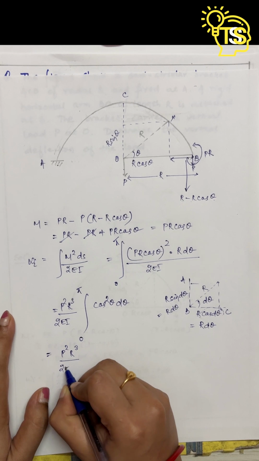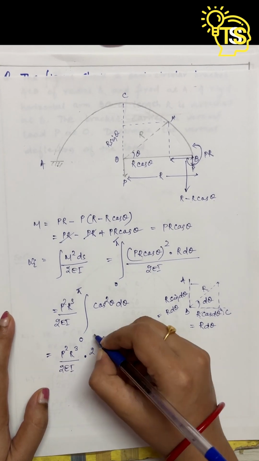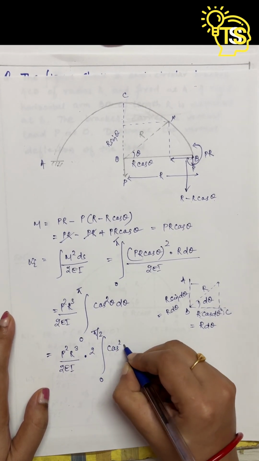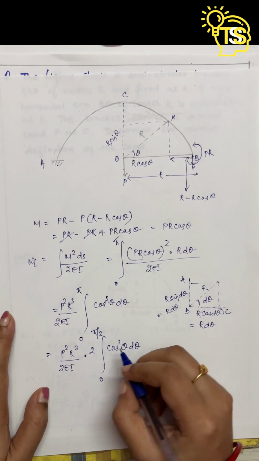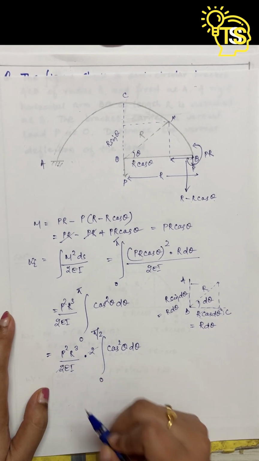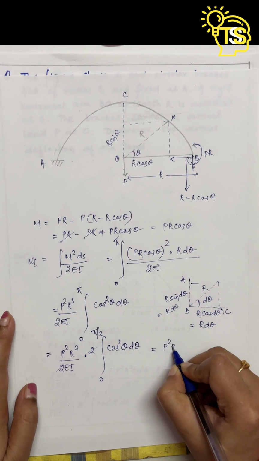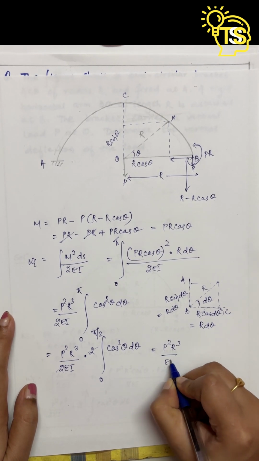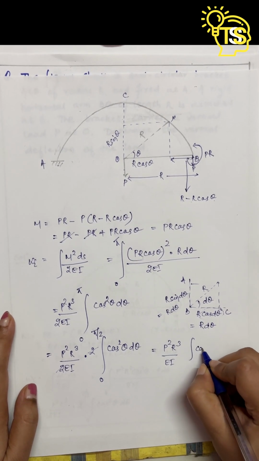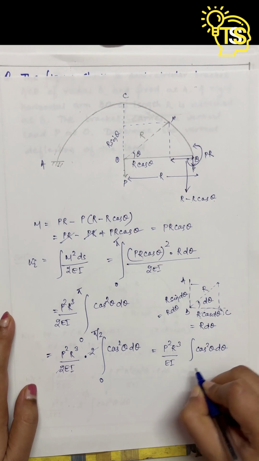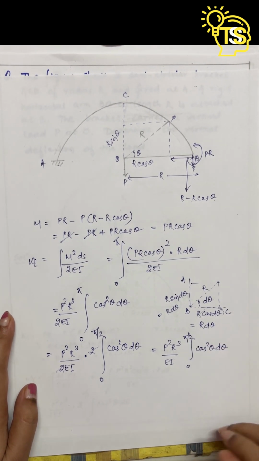So we get this into 2 integration from 0 to pi by 2 cos square theta d theta. Now here 2 got cancelled out, and what we are left with is P square r cube upon EI, integration of cos square theta d theta 0 to pi by 2.